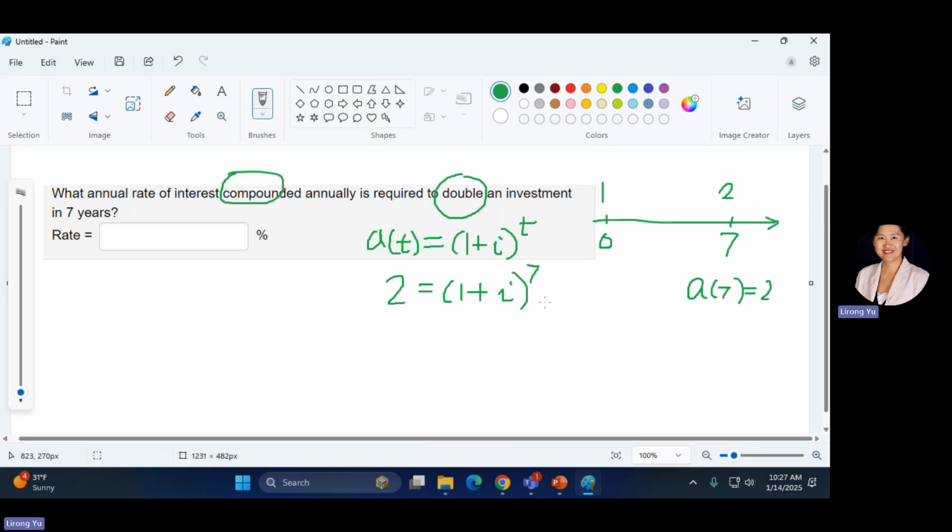We'll do a fractional power. So you have 2 to the power 1 over 7. The 1/7 power takes out the 7 power on the right side. And then I would equal 2 to the 1/7 power minus 1. So that should be the interest rate we're using. But you're going to see a decimal answer. You have to multiply by 100 to make it a percentage. So the whole calculation is this.